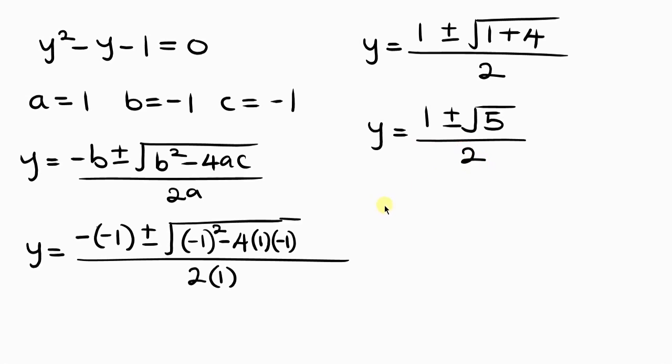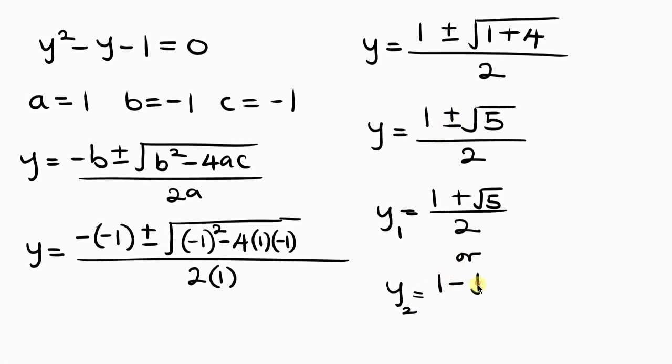Very good. So we have two values of y here, of which one of them is 1 going with a positive, plus the square root of 5 all over 2. And the other one is 1, this time going with a negative, minus the square root of 5 all over 2.